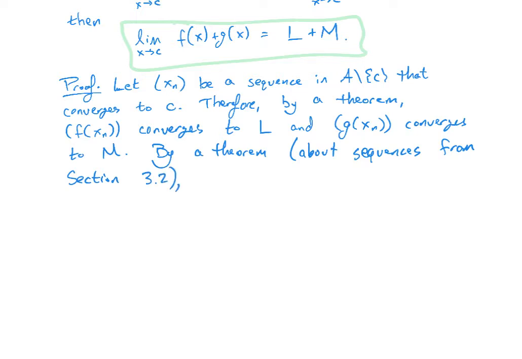We know that if we took the sequence f of xn and we added g of xn, that would converge to L plus M.